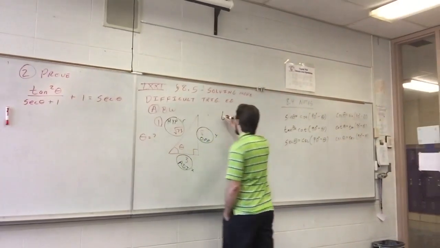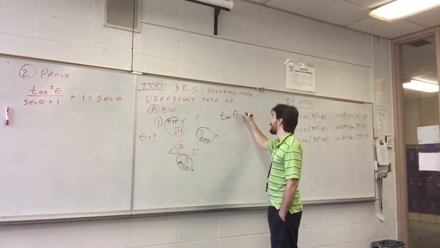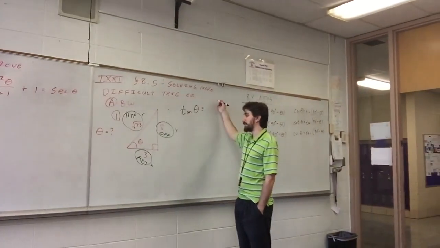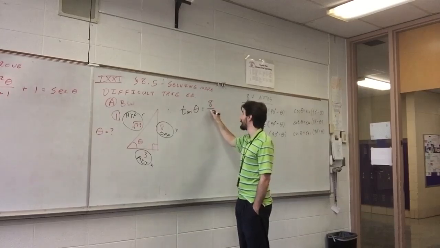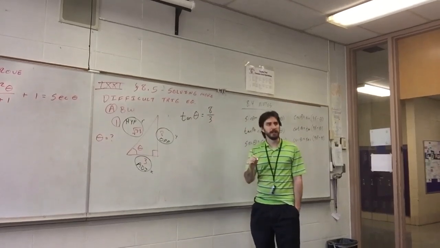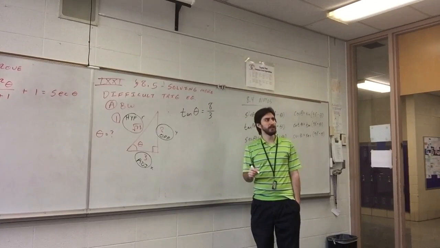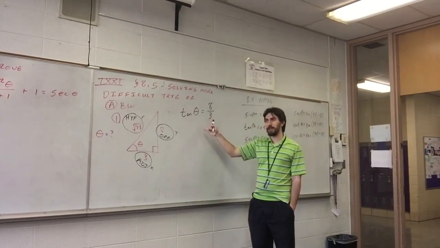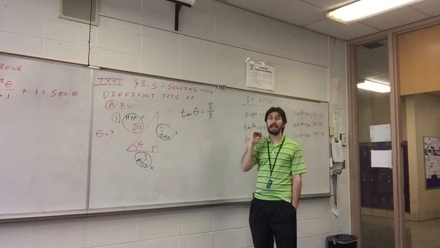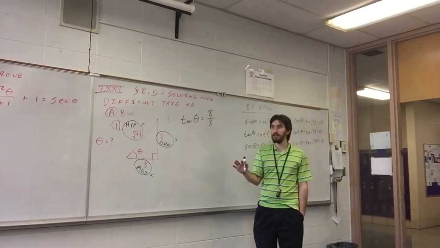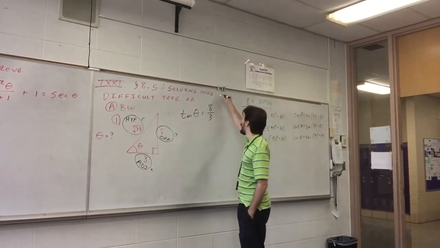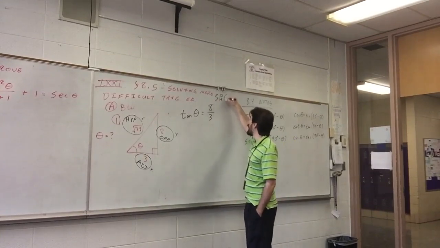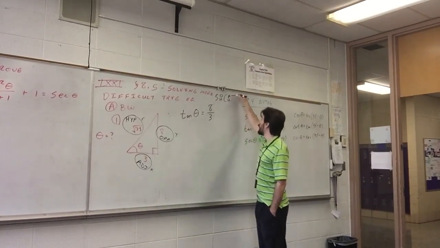So we'll say the tangent of theta is equal to the opposite over the adjacent, 8 over 3. And if you were taking the ACT on Tuesday, a nice phrase to remember your sine, cosine, and tangents, which are pretty much all you need for the ACT, is SOH CAH TOA.